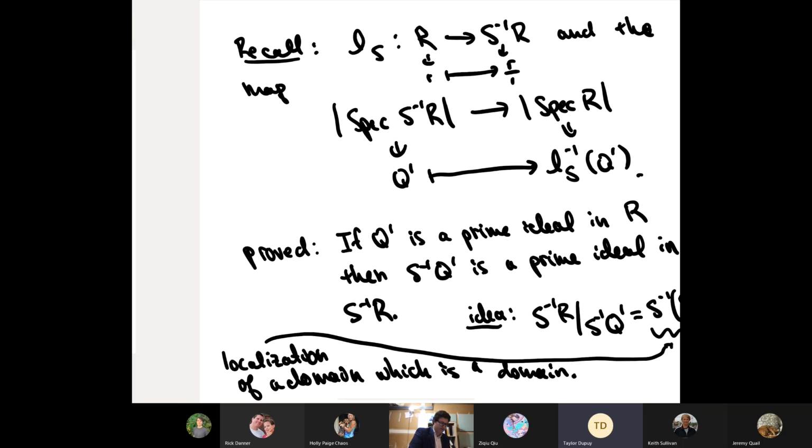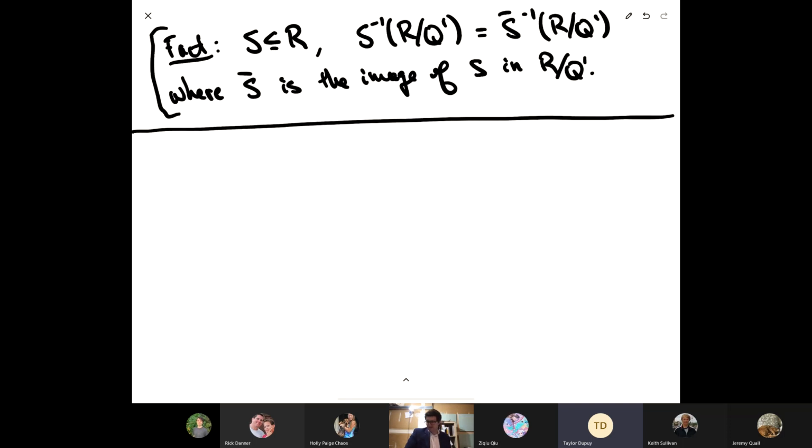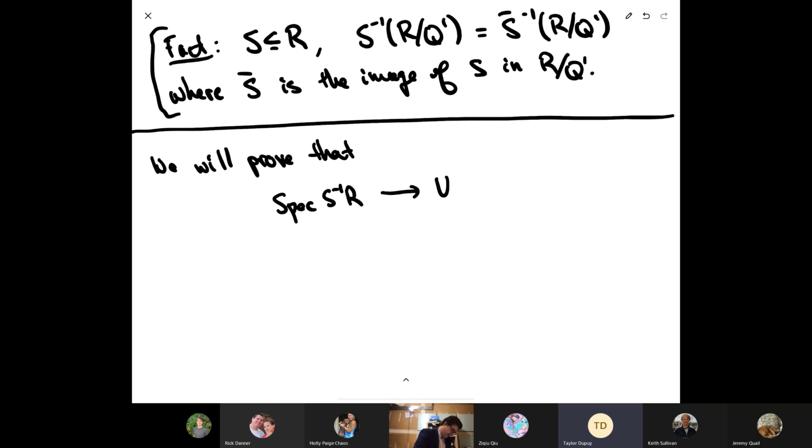So we'll prove now that this map, spec of S inverse of R to U_S, is a bijection.